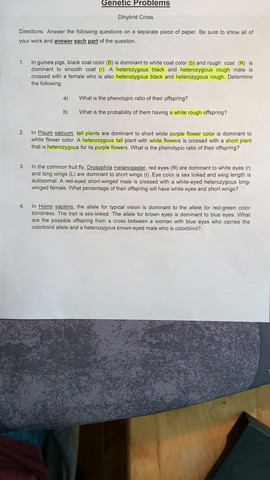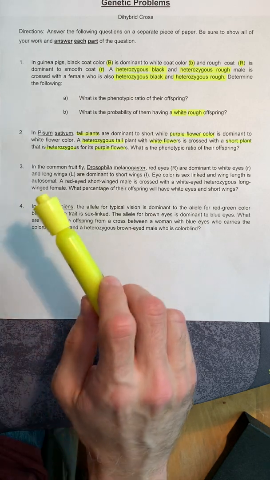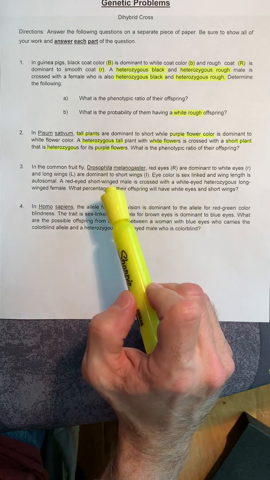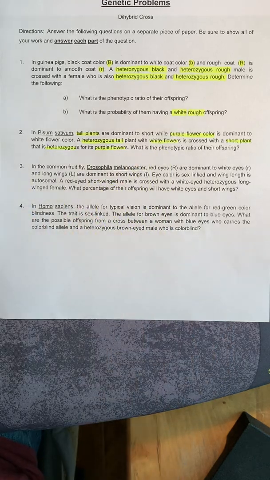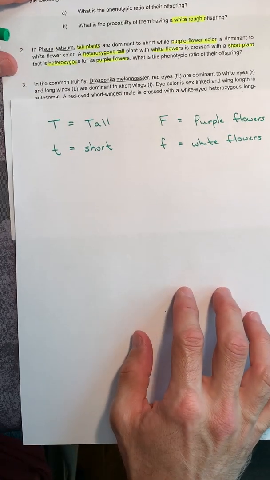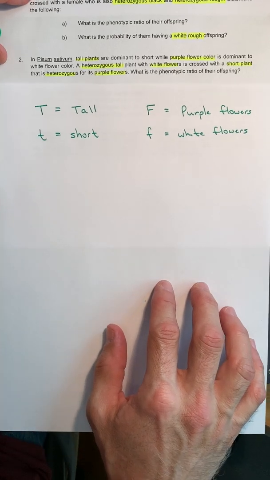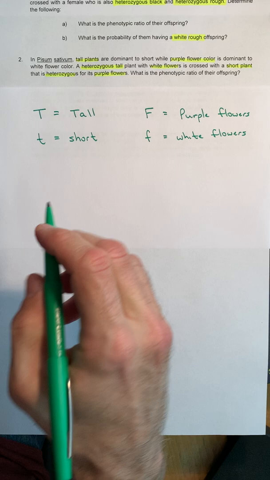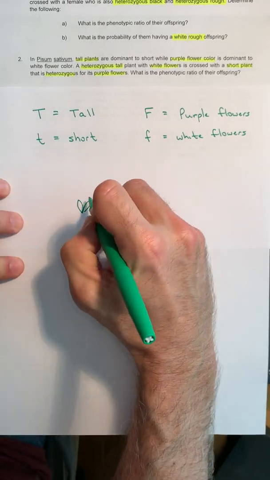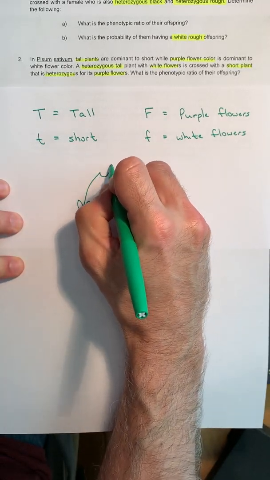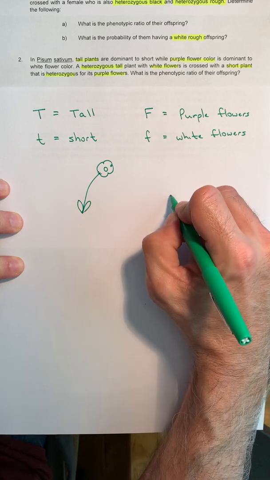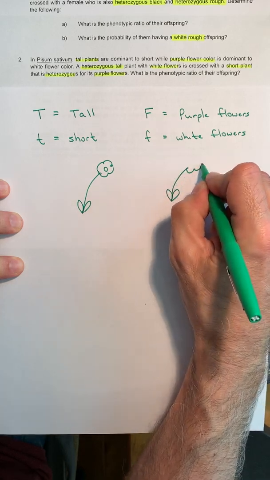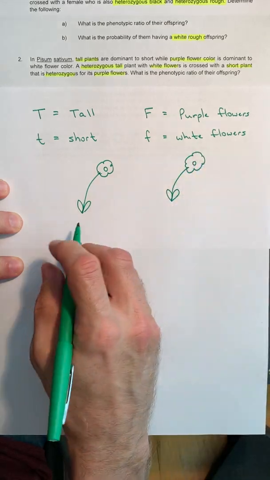Again, these are dihybrid crosses, so you're looking at two characteristics, plant height and flower color. So let's define our parents. These are still sexually reproducing organisms, so just because they're plants doesn't mean that they aren't parents. So let's draw ourselves one parent and then the other parent.